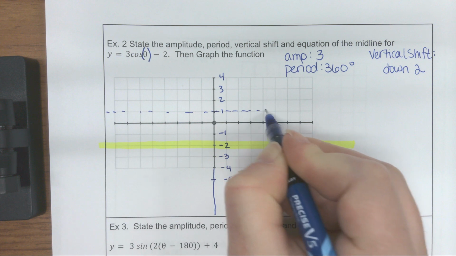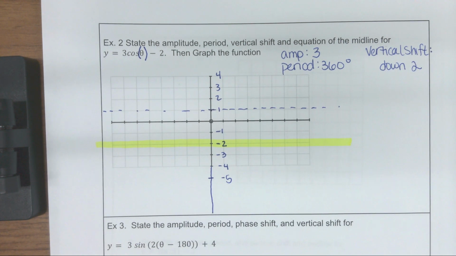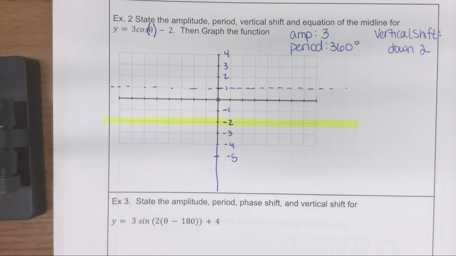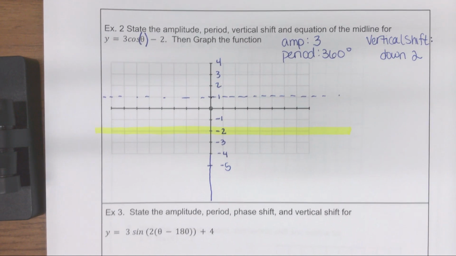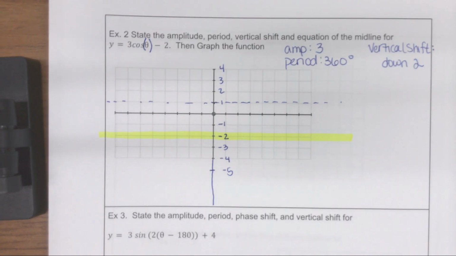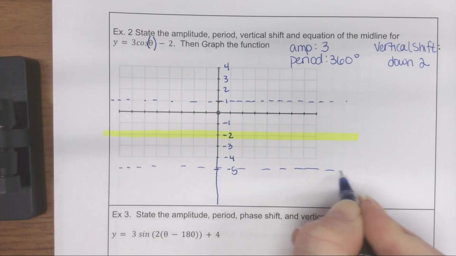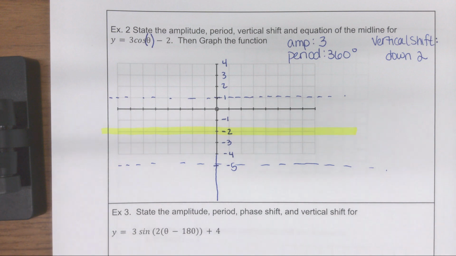So that's how high my curve is going to go. And then where should the dashed line below go? The amplitude is 3 from the midline, so it should go down to -5, and that just gives me where my highs and lows are going to be of my graph. Okay.